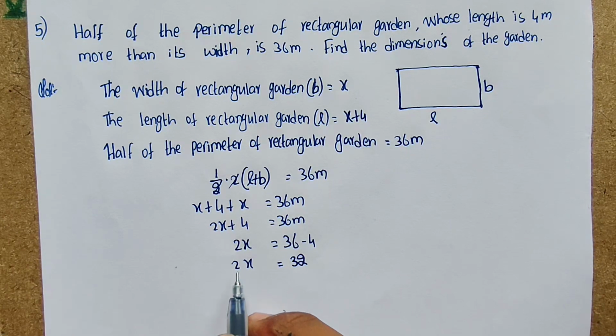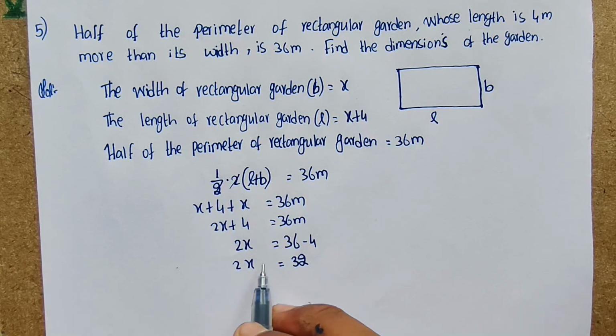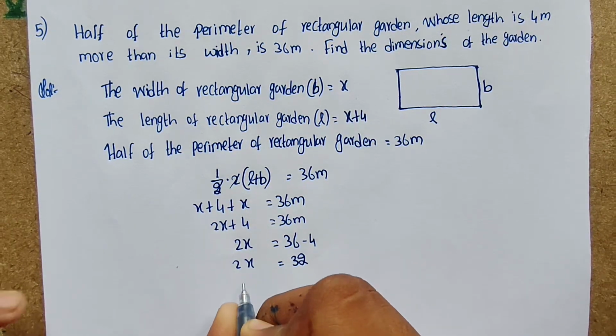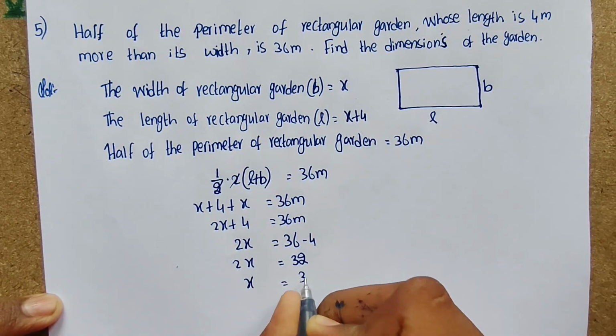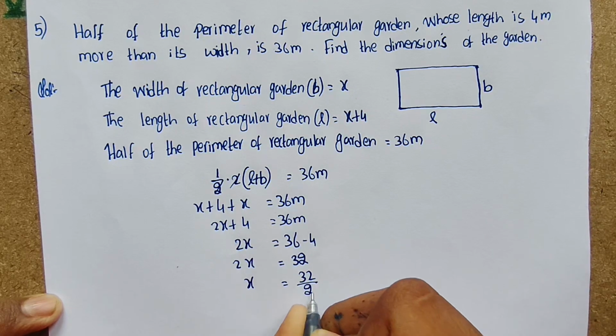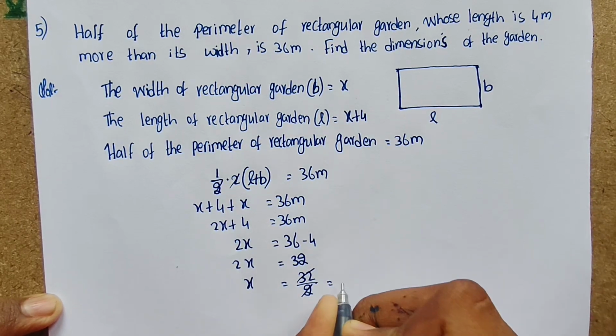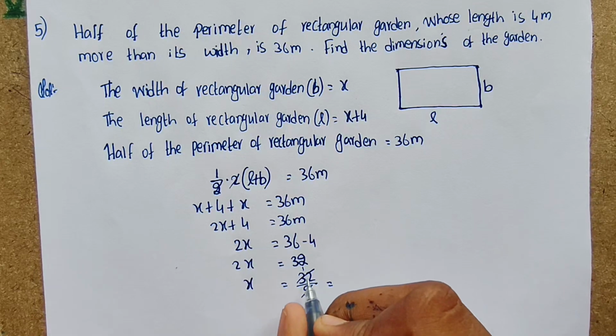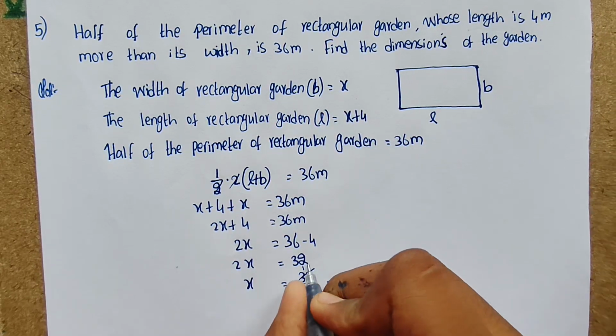Here 2x is multiplying by 2, so if we transfer 2 to the right side, it becomes division. So x equals 32 by 2, which is 16.